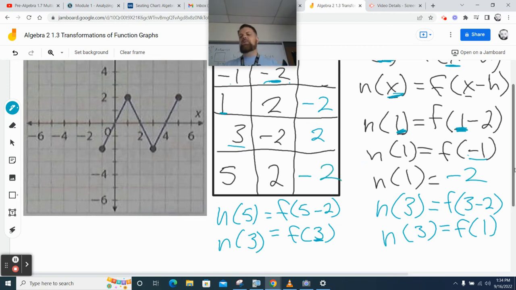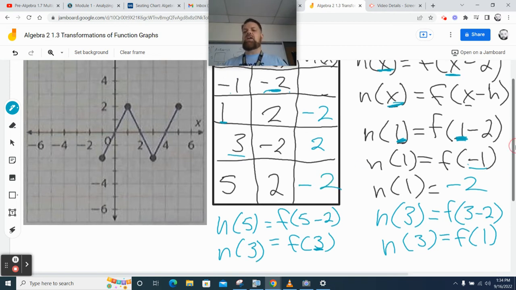Okay? Now I'm going to plot these points, and you tell me what's going on. So the first point I'm going to plot is 1 comma negative 2. So I'm going to go over 1, down 2. Then the next one I'm going to plot is 3 comma 2. So I go over 3, up 2.